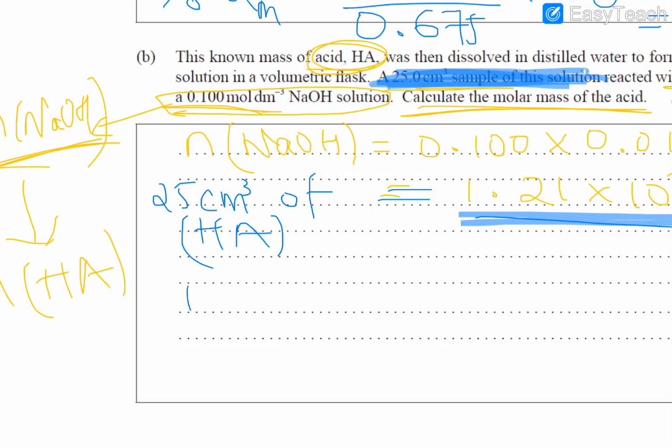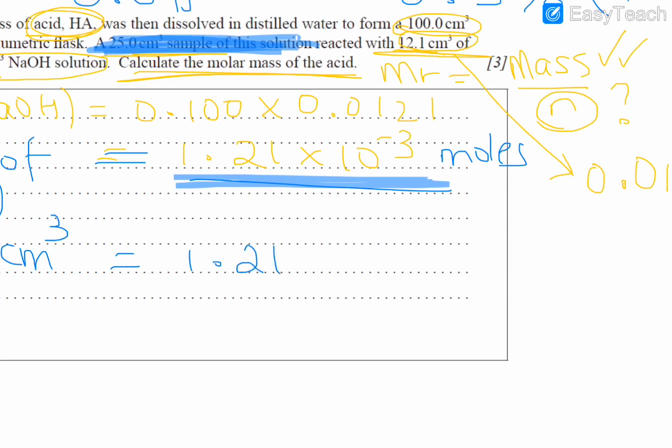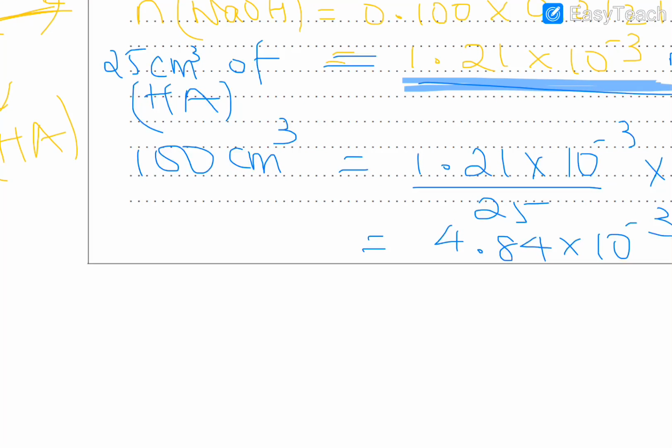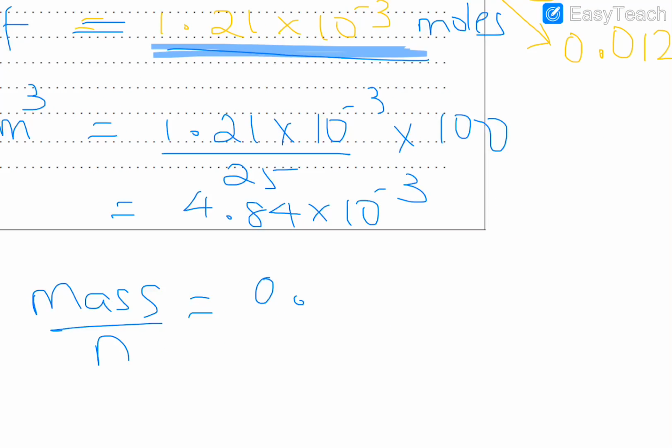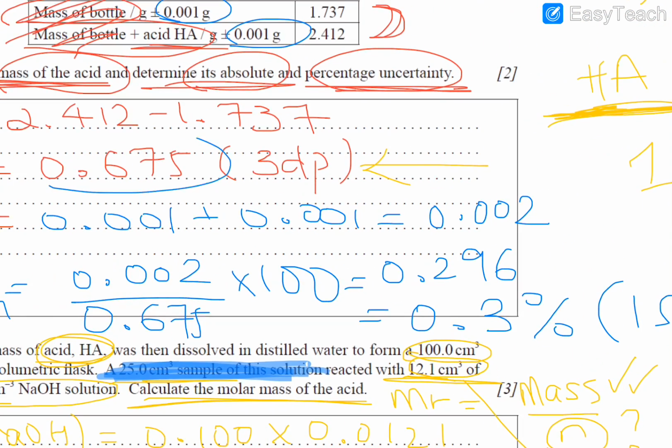Now this is in 25, so I can find in 100 centimeter cube of solution. So simple proportion, divided by 25 times 100. So that gives me the number of moles. Now I know that MR is mass divided by number of moles. The mass, I've already found that in the previous question. This is what I have here.